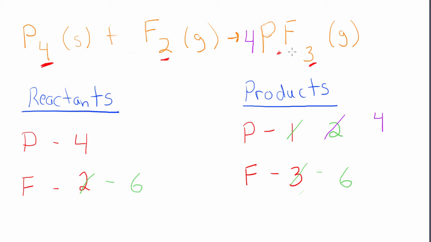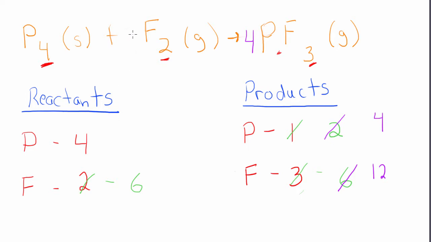How many fluorines do I have now in my products? I've got 4 times 3, so I've got 12 altogether here, and I'm going to cross out the 6. That try's done.